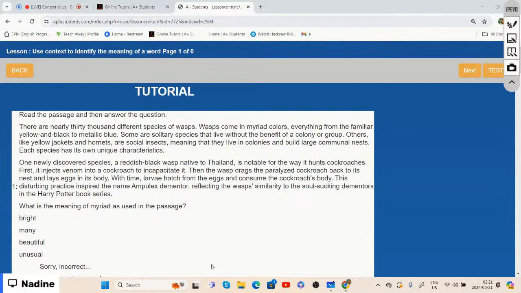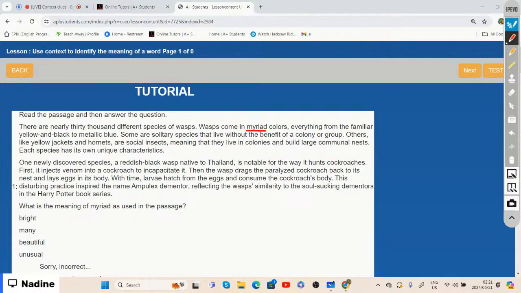All right, so the passage says, there are nearly 30,000 different species of wasps. Wasps come in myriad colors. Yeah, we have the word myriad. It's a word that we don't know. Let's just underline that word.